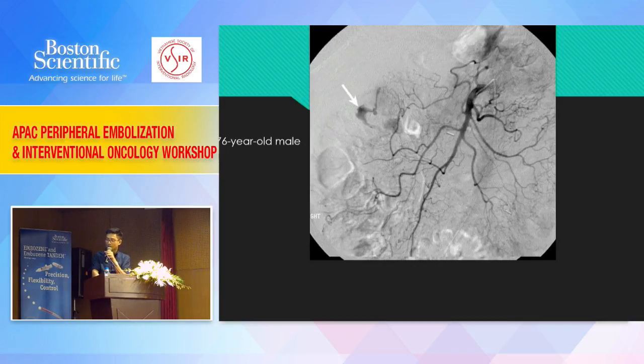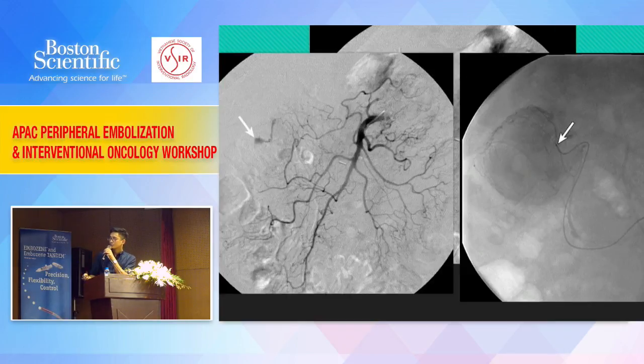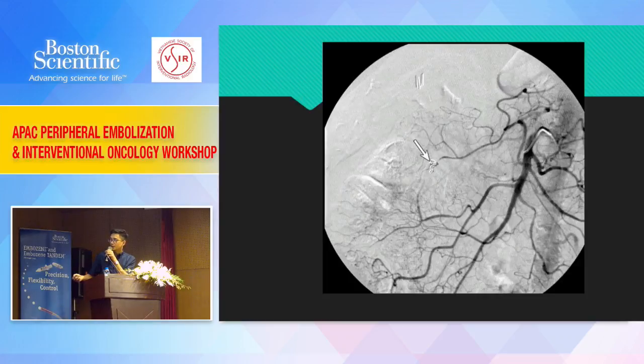On angiography, we see the extravasation of a small branch going to the hepatic flexure of the colon, and the microcatheter can advance to the lesion, and at this position we cannot use particles, or we cannot use glue, because it's very dangerous at this position. We put a coil, and it stops bleeding. And you see the marginal artery is occluded.